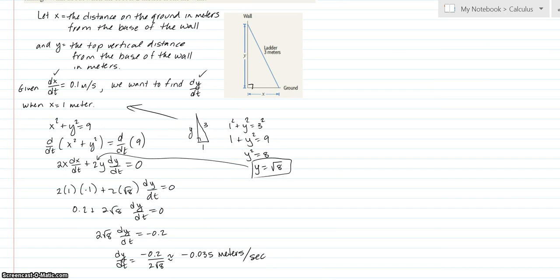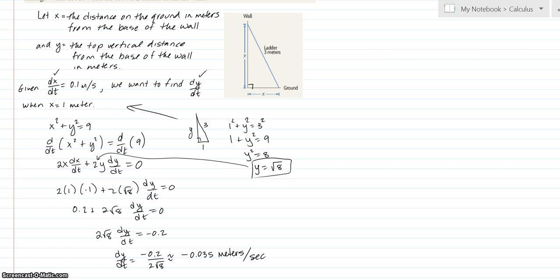It means that as x is getting larger, y is getting smaller, at a little bit less of a speed. The absolute value is 0.035 versus 0.1, so it's a little bit slower than how fast x is being pulled out.